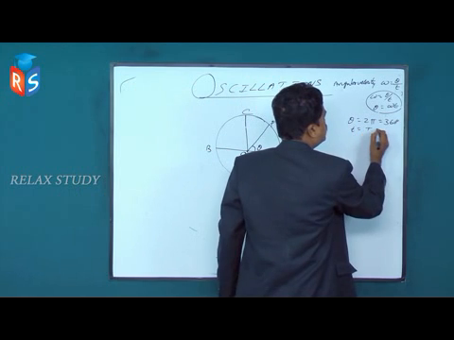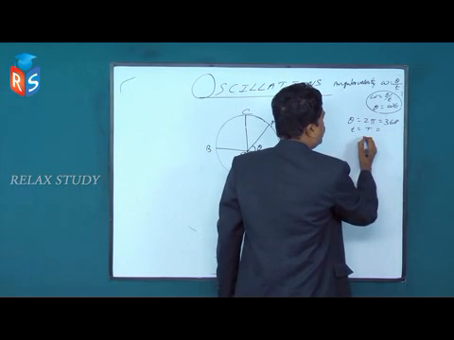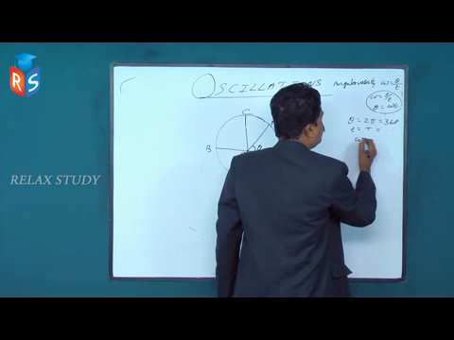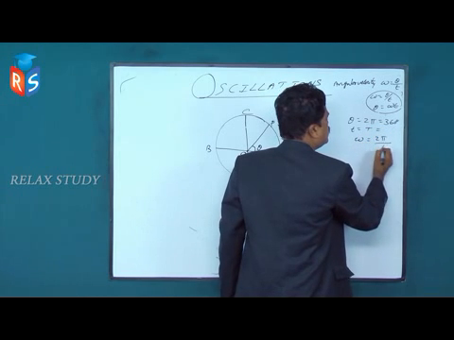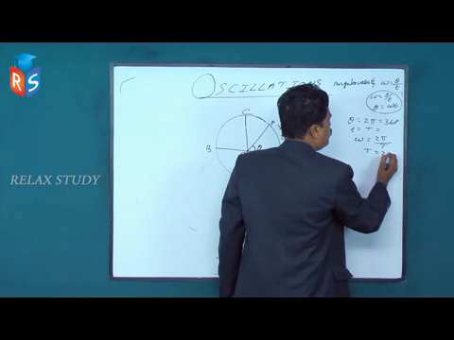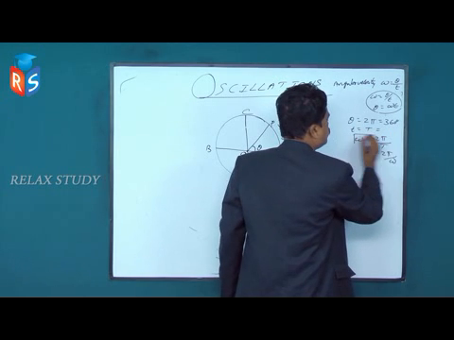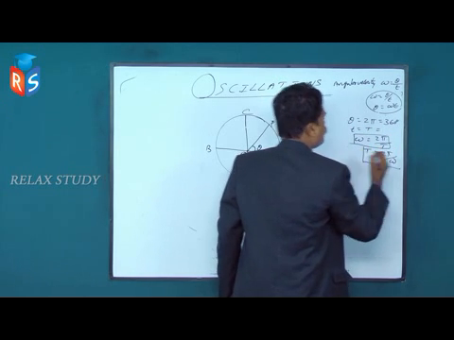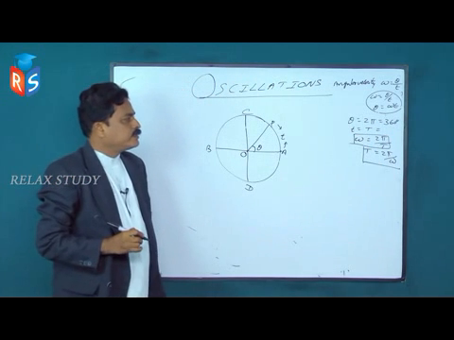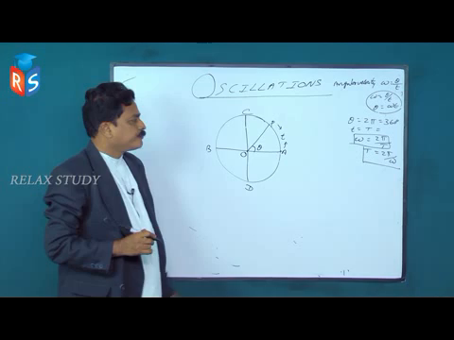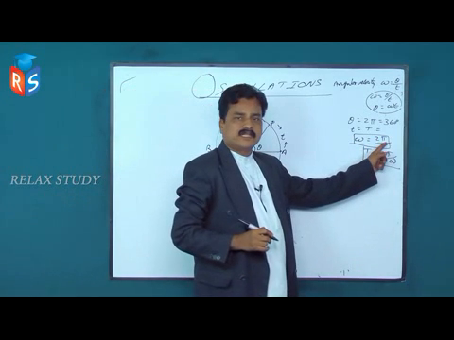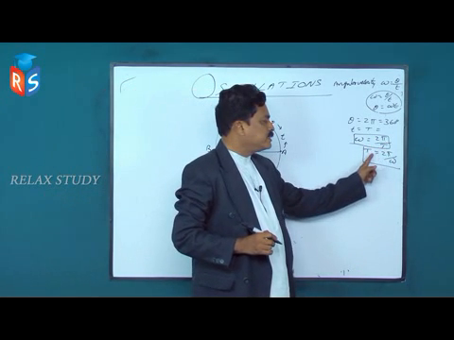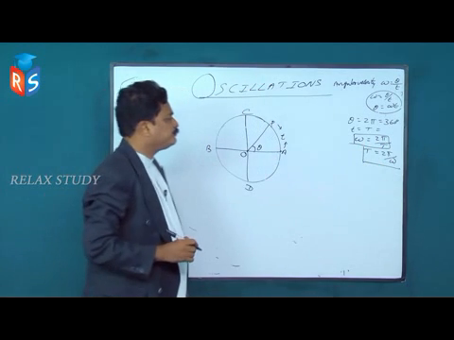Time is T, so omega is equal to 2 pi by T. So T is equal to 2 pi by omega.